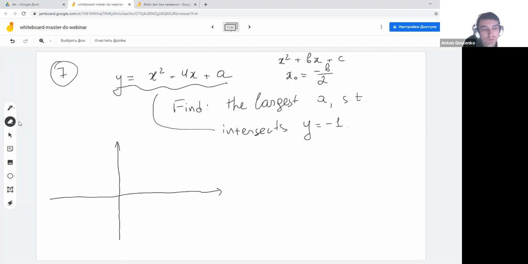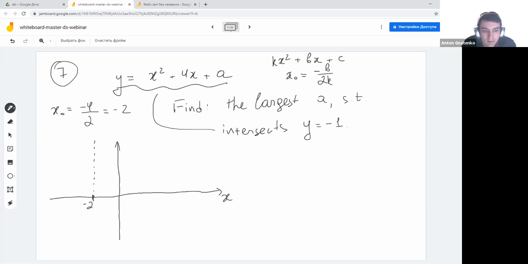I shouldn't use a here because we use it here, so over 2k. For this particular parabola, the coordinate of the vertex is minus 4 over 2, so it's minus 2 on the axis x.